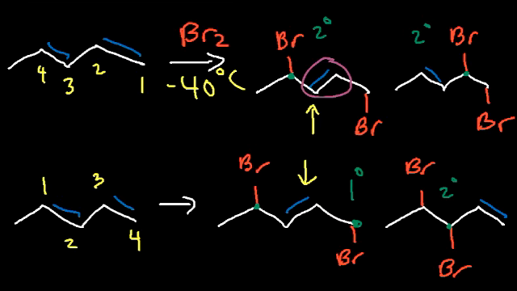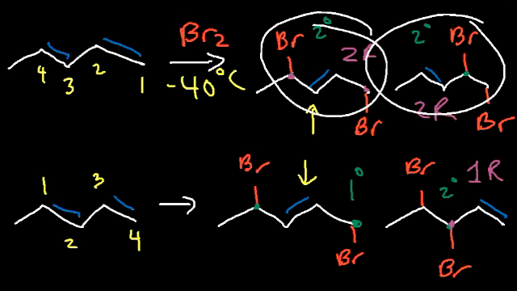Now, this alkene is disubstituted. It has two R groups, 1, 2. Now, this one also has two R groups, 1, 2. But this one only has one R group, which is here. So this is monosubstituted.